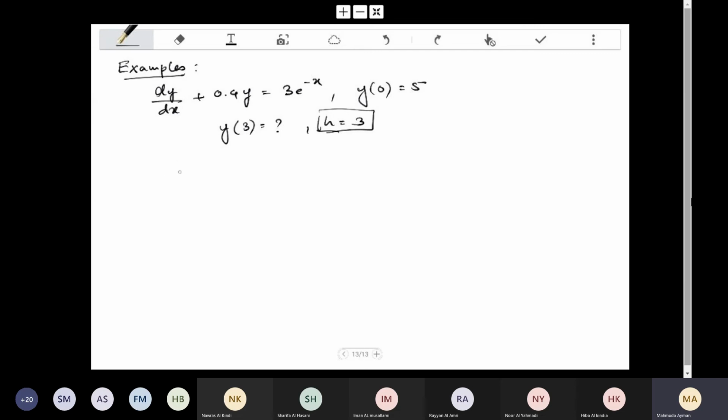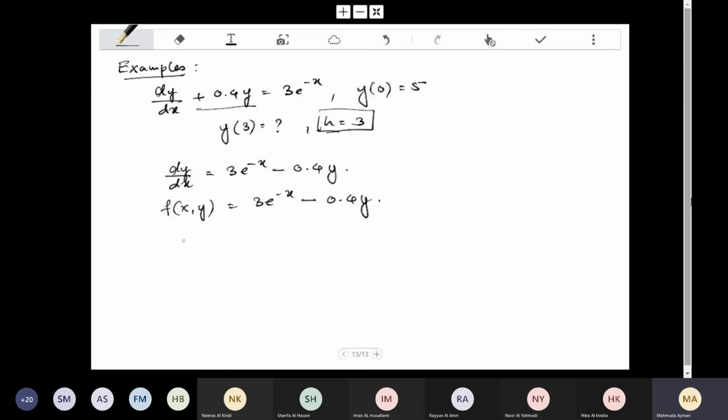So we'll write it as dy/dx is equal to 3e to the power minus x, and we'll take plus 0.4y to the other side, which will be minus 0.4y. And once we're done with this, we know that our function f(x, y) is this function here, which is 3e to the power minus x minus 0.4y.